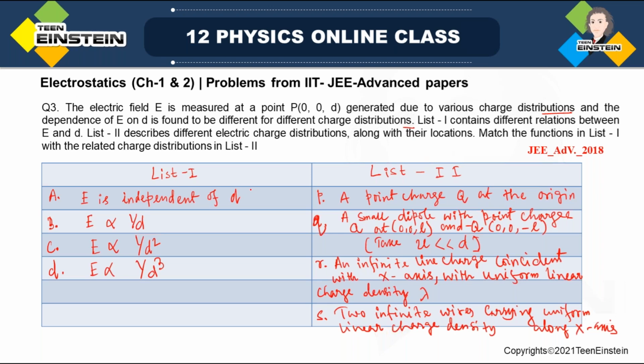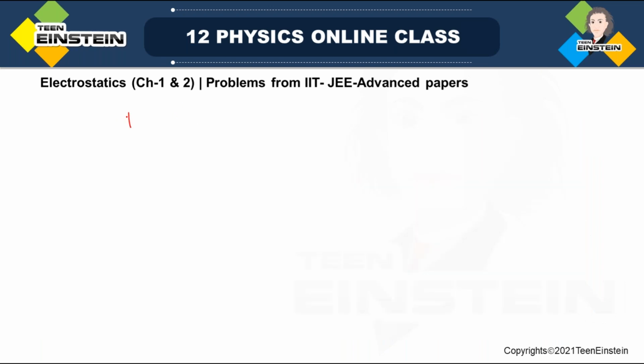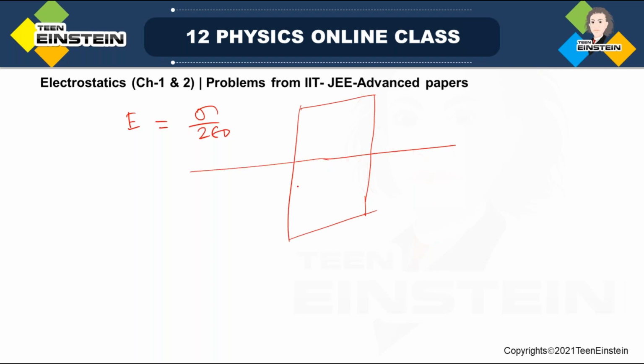In case of an infinite plane, electric field is sigma by 2 epsilon 0. It does not depend on any distance at all, it has no space variations. Either side you go, the electric field will be sigma by 2 epsilon 0.